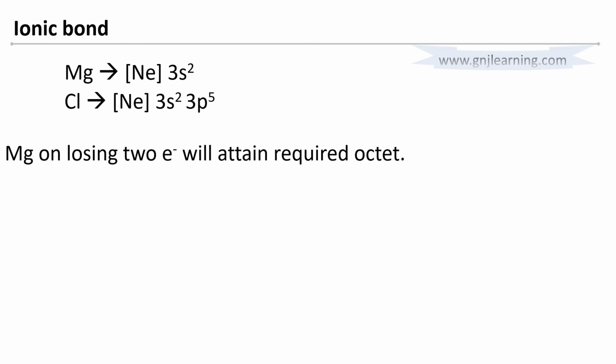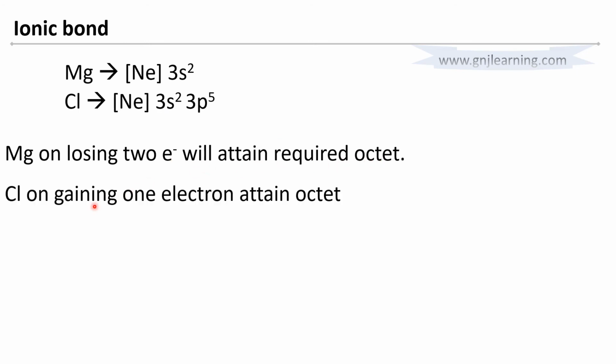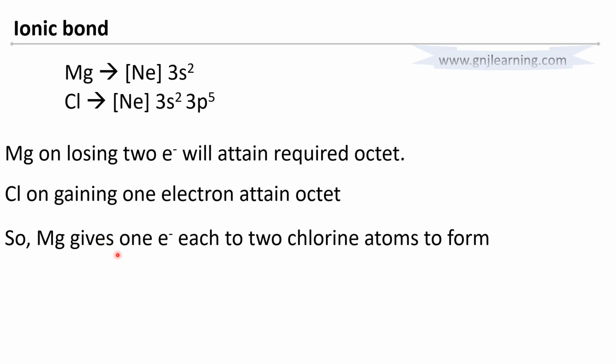So this is what will happen. Magnesium, on losing 2 electrons, will attain the required octet. Chlorine, on the other hand, gaining 1 electron, will attain the octet. So magnesium gives 1 electron each to 2 chlorine atoms to form Mg2+, with Cl- on one side and Cl- on the other side, which can be denoted like this, MgCl2, as a molecule.